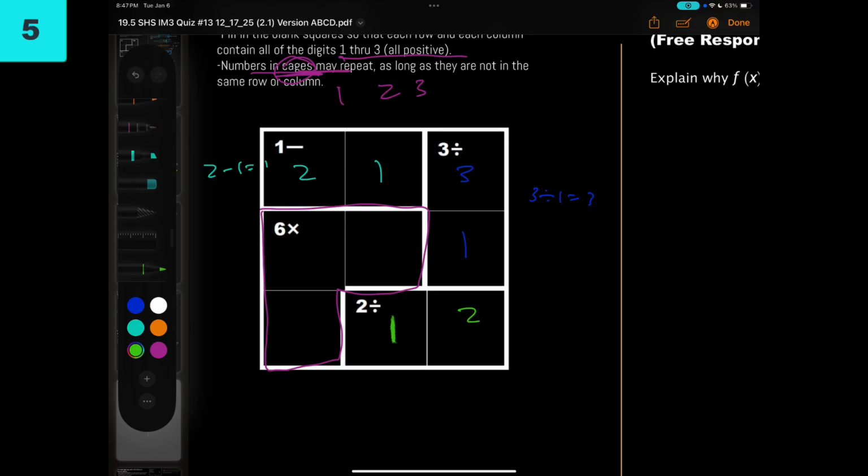Let's try this. 3, 2, 1. This would be a 2, and then this would be a 3. Oh, that does not work, because then I get a number too big.